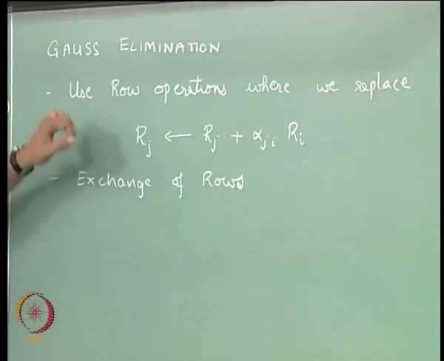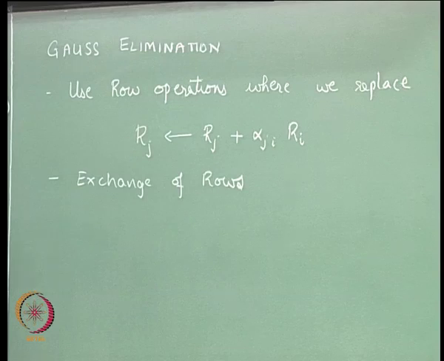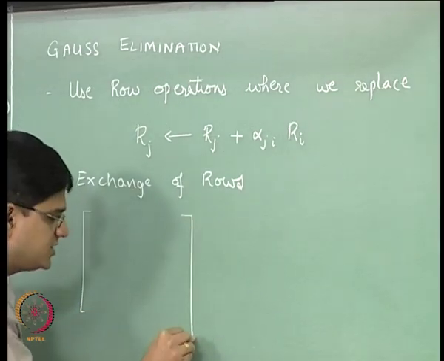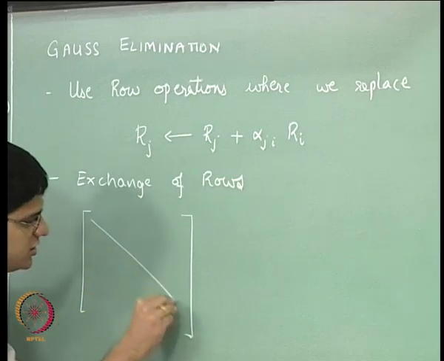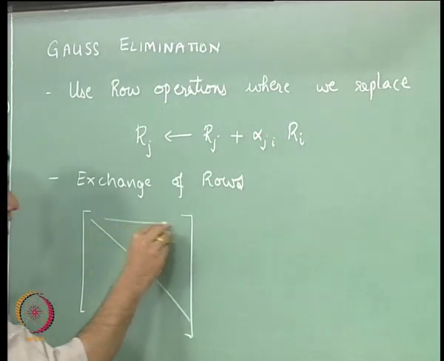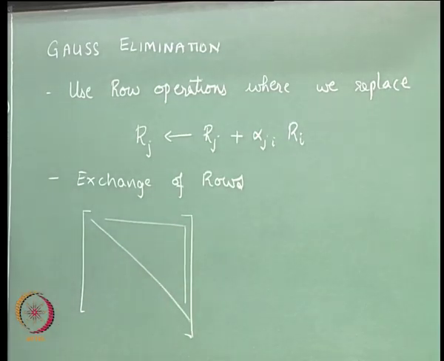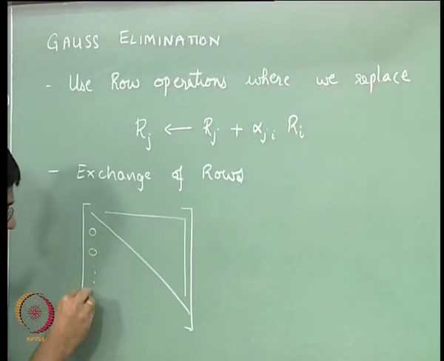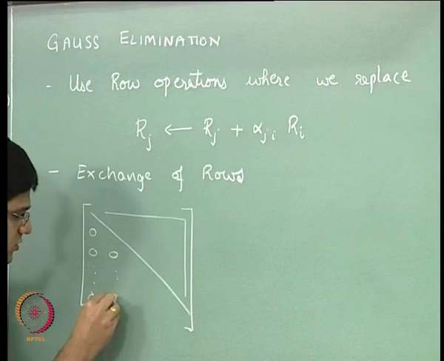Okay. So, these are the two row operations that we will use such that we get an upper triangular matrix for the matrix A. What we mean by upper triangular matrix for matrix A is that all the values on the diagonal and above diagonal may or may not be zeros, but all the values below the diagonal have to be 0.